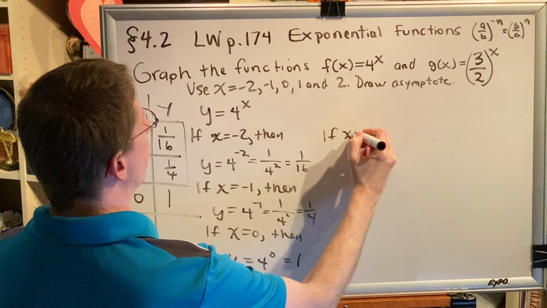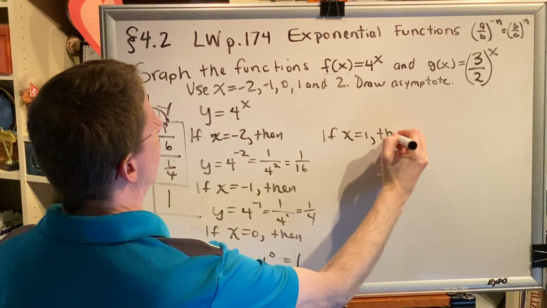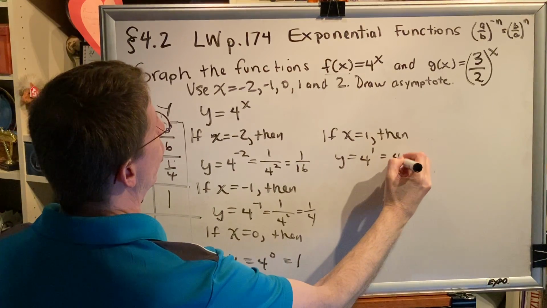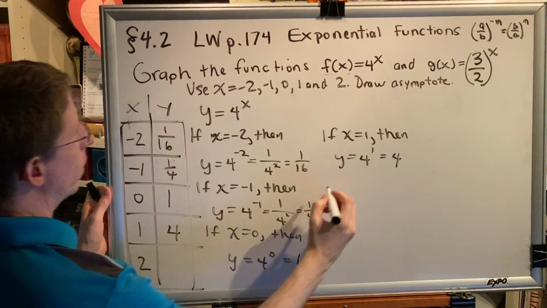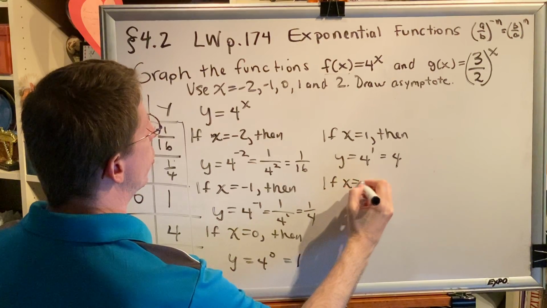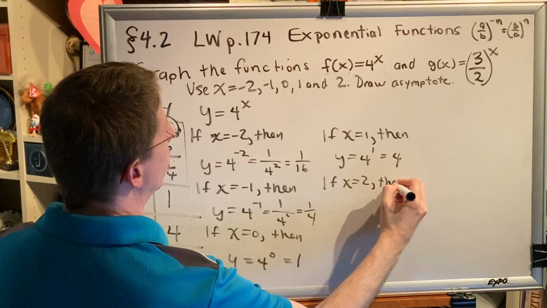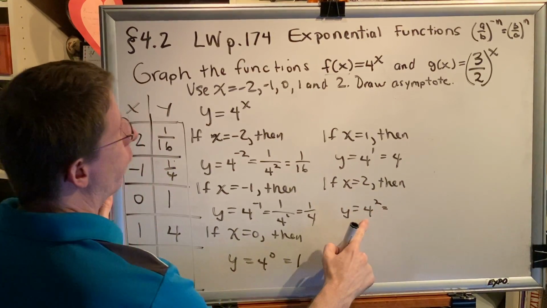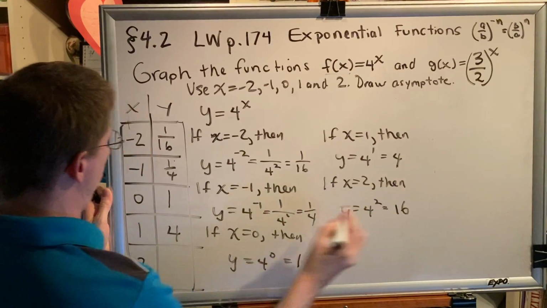If x equals 1, then y equals 4 to the first power, which is 4. If x equals 2, then y equals 4 to the second power. 4 times itself is 16.